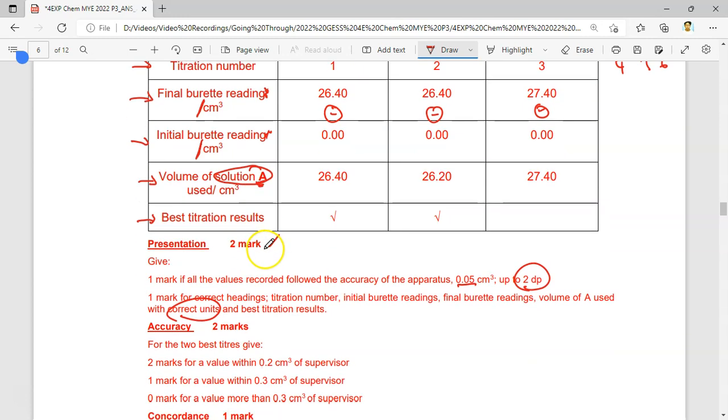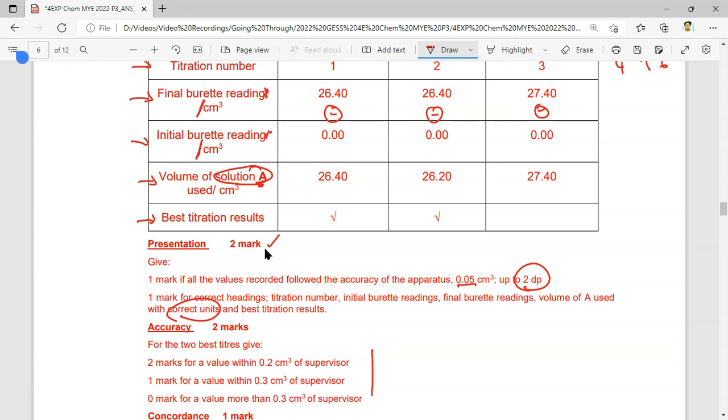Next one, accuracy. This is the one where you're not so sure how accurate your results are. This one you won't know. That's why you just have to do it properly to the best of your ability. The supervisor will also be doing it to the best of their ability so that it will be as accurate as possible, so they can match yours.